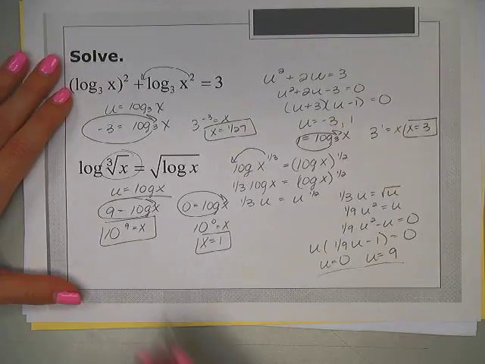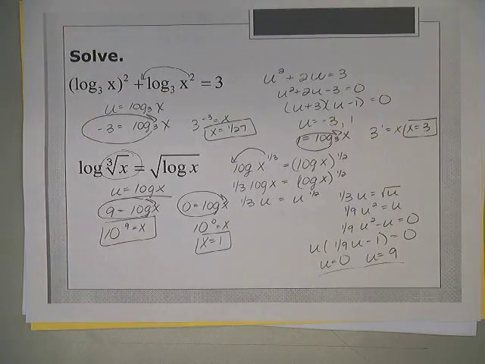All right, so if those are answers for u, again, keep in mind we're not solving for u, we're solving for x. Let's take those, plug them back in over here. So I've got 9 equals log x. I also have 0 equals log x.